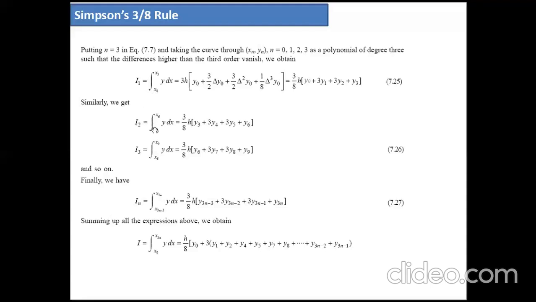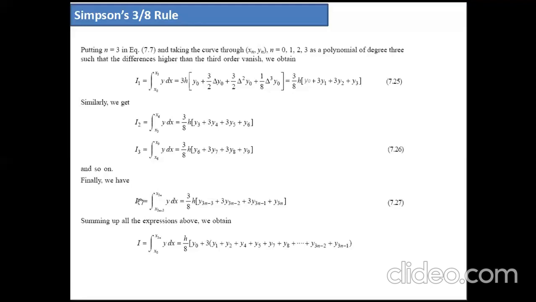I2 will be equal to the integral from x3 to x6 of y dx, which is equal to 3 by 8h into y3, because here the lower limit is x3, so the function value will be y3. So we will have y3 plus 3y4 plus 3y5 plus y6. Next I3, the limits will be x6 to x9 of y dx, and this will be equal to 3 by 8h into y6 plus 3y7 plus 3y8 plus y9, and so on.